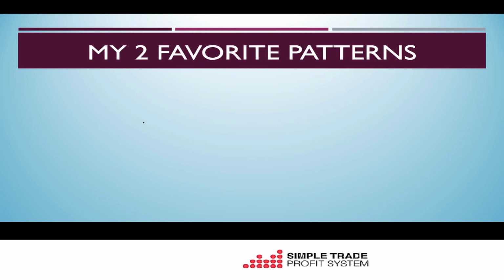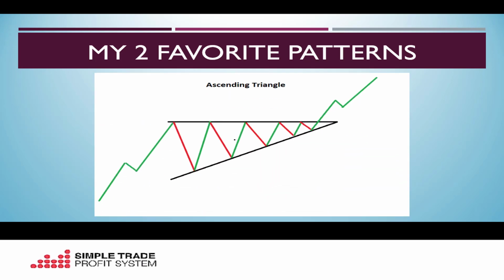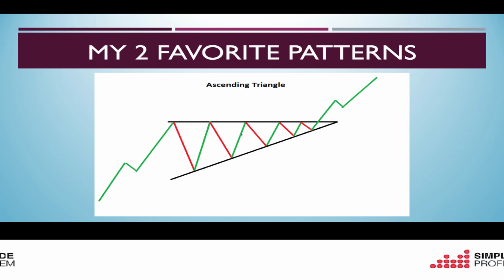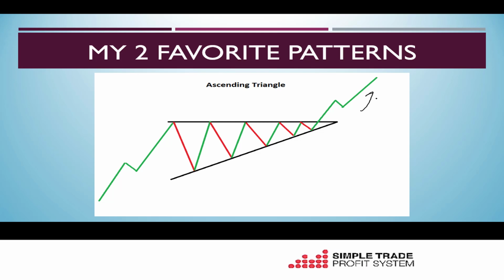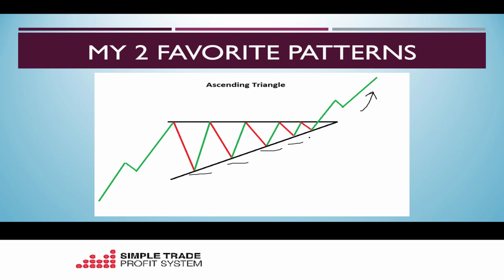And then I'm going to share with you my two favorite ones, and it's the ones that we've been posting about more recently. The first one is the ascending triangle. I love spotting these. I love trading these. And like I said, they typically break up because buyers are coming in at higher lows, putting pressure on the sellers.